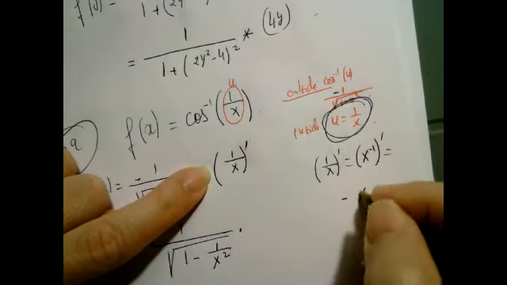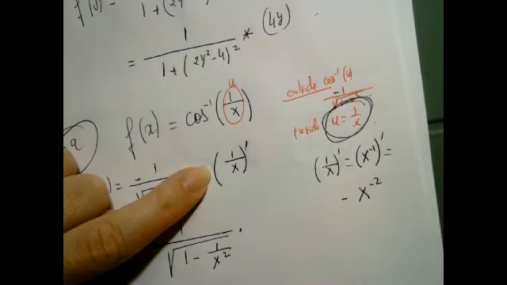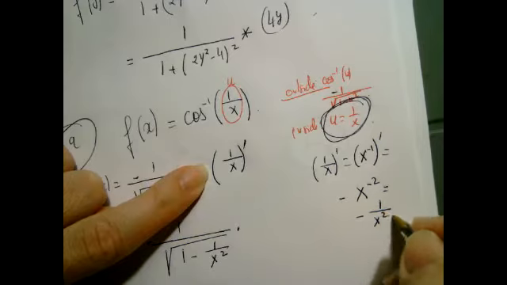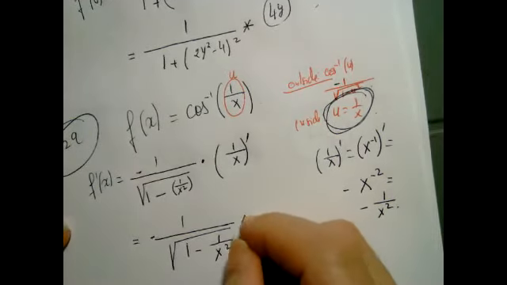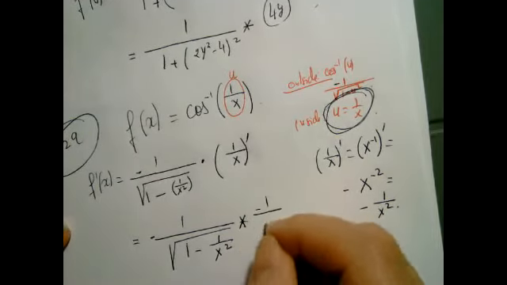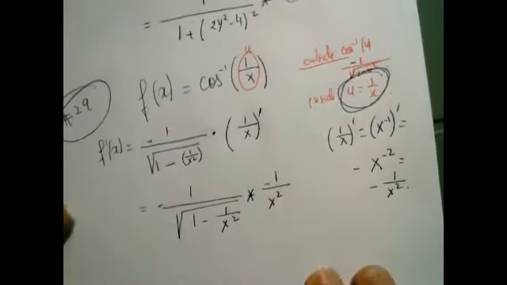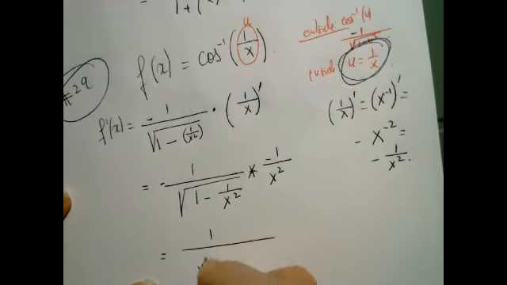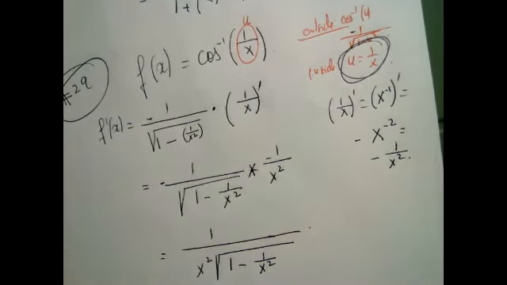It means minus x to the minus 2, or minus 1 over x squared. So times minus 1 over x squared. Now I have two minuses, so this will give me 1 over x squared times the square root of 1 minus x squared. Okay, so it's really applying the chain rule fairly carefully.